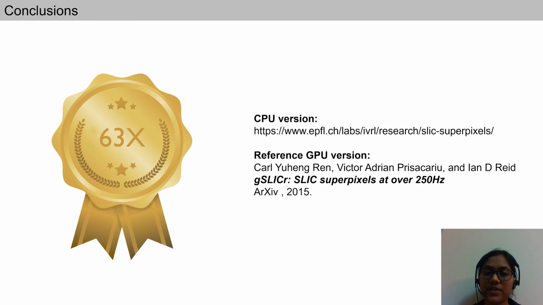The CPU implementation mentioned here is a reference SLIC algorithm which took around 4.5 seconds, whereas the GPU version processed the same in just 71.8 milliseconds, which is 63 times faster. However, the fastest GPU SLIC implementation known to date achieves an 83 times speedup when compared to the CPU version. It is to be noted that only the core kernels were optimized, and that host-to-device and device-to-host transfers were not optimized.